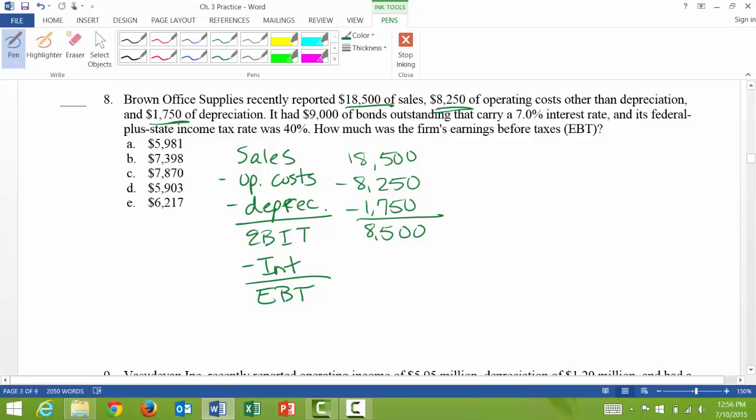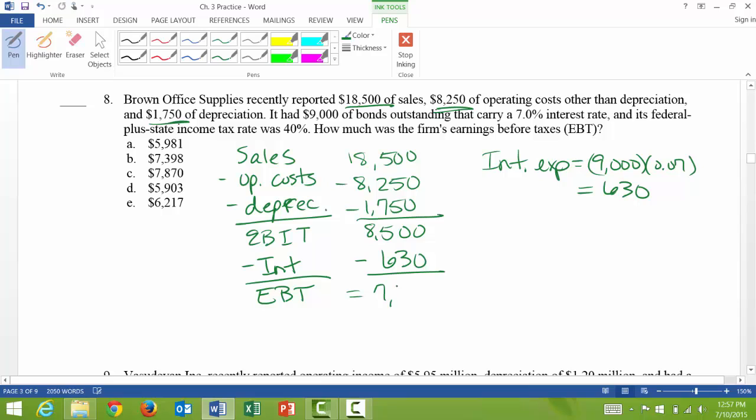And then interest expense, I have to do a side calculation, and it's going to equal the $9,000 worth of bonds times the coupon rate or interest rate. And so 9,000 times 7% is $630 worth of interest expense. So I take that number over here and put minus 630, and then I get the answer, which is 7,870. And that's answer C.